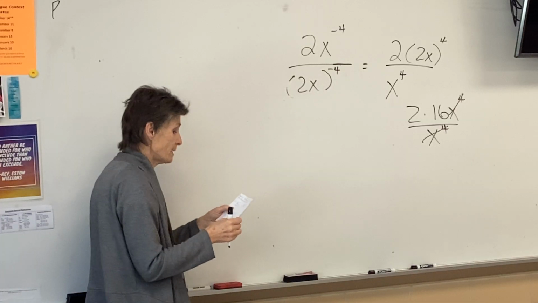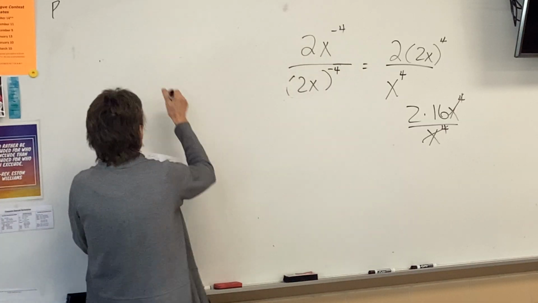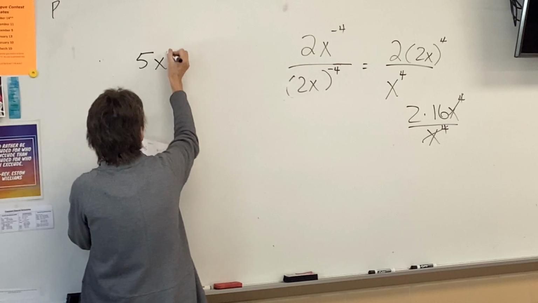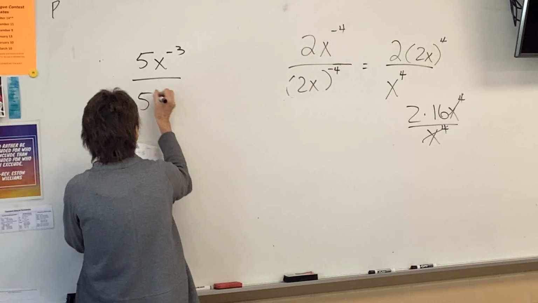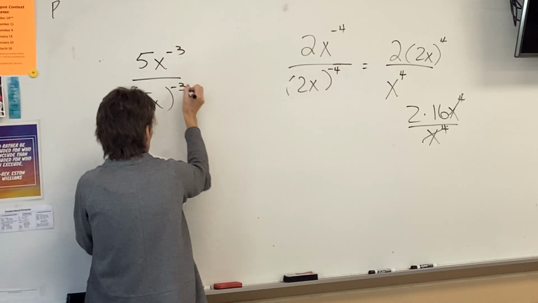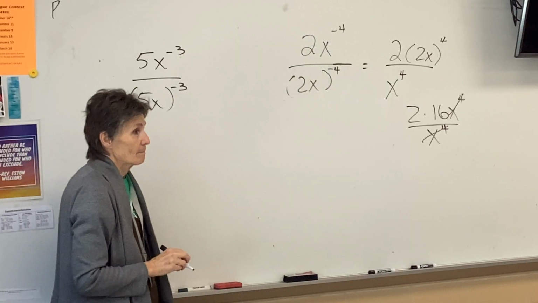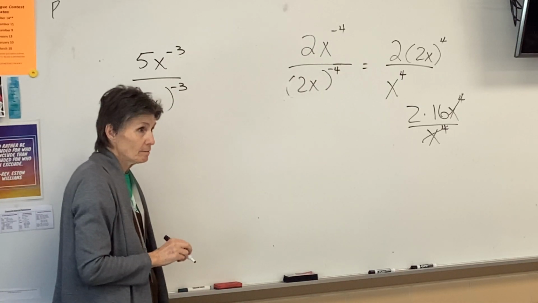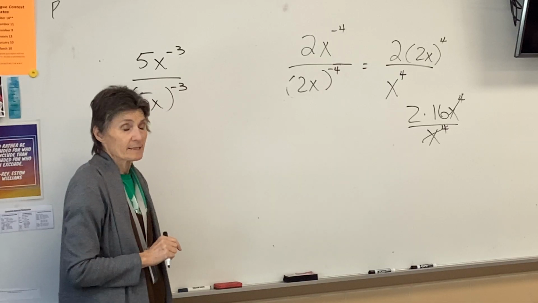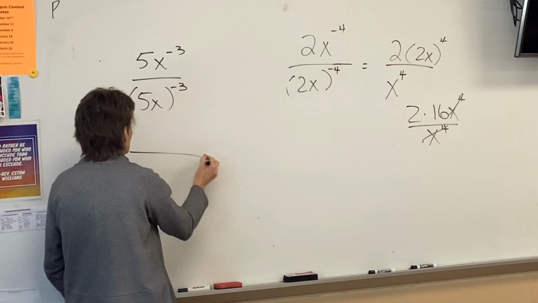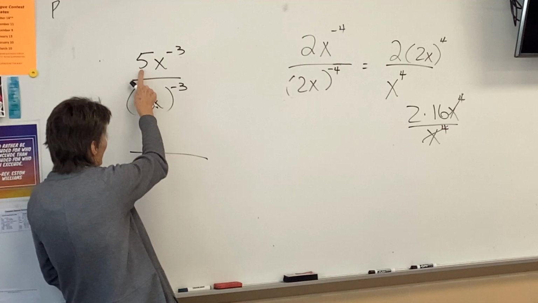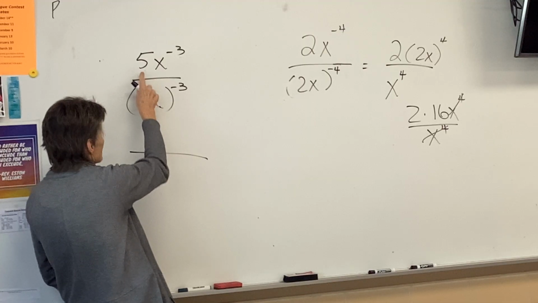The first one is very, very similar to the one we just did, isn't it? So one option is to take care of the negatives. So what happens to that 5 right there?